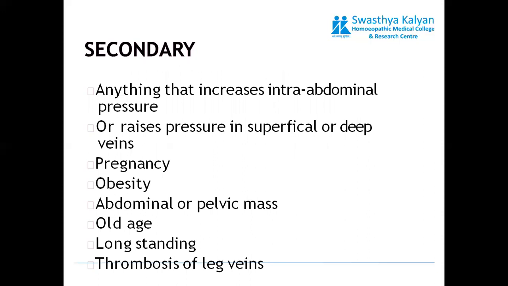It might also be secondary to pregnancy, obesity, any abdominal or pelvic mass, conditions like ascites, also any abnormally enlarged or heavy bulk mass in the pelvic or abdominal cavity.